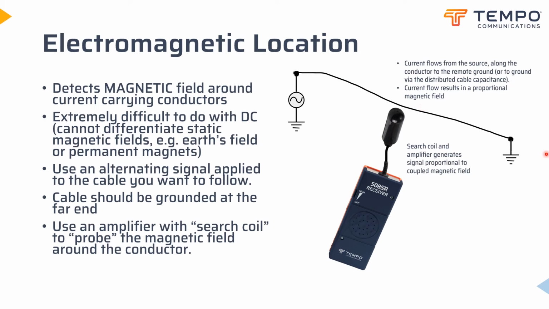Because that conductor forms a loop due to being shorted to ground at the far end, a current flows. That current creates the alternating magnetic field. That magnetic field can be sensed by using the search coil to couple it. The level of coupling is related by both position and orientation of the search coil to the conductor.